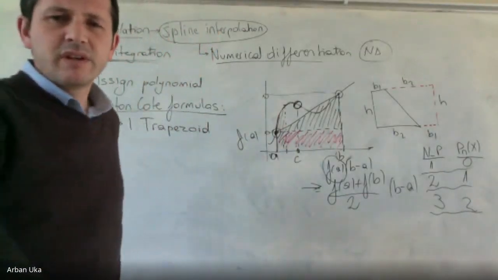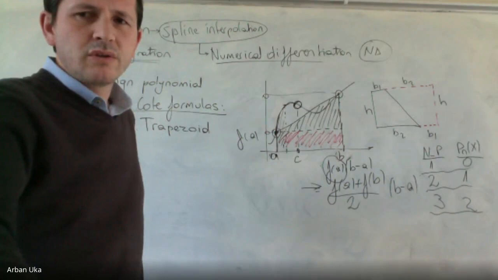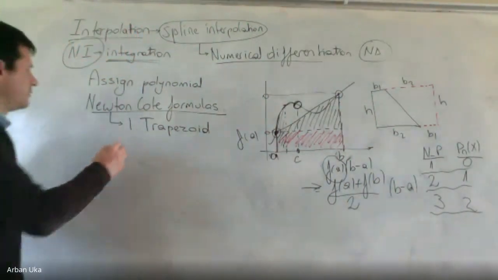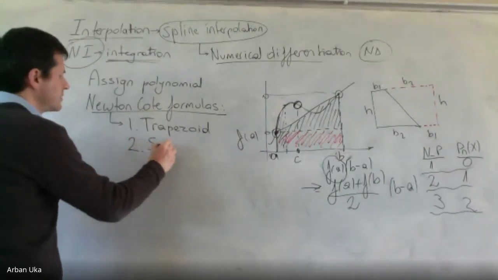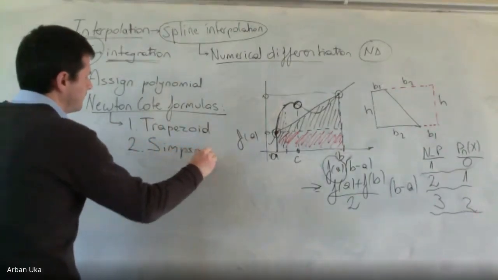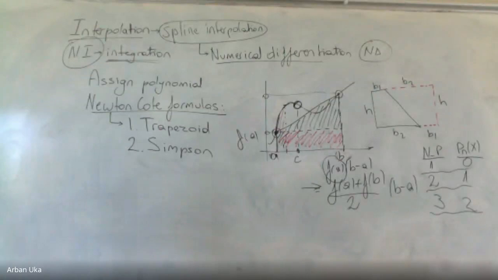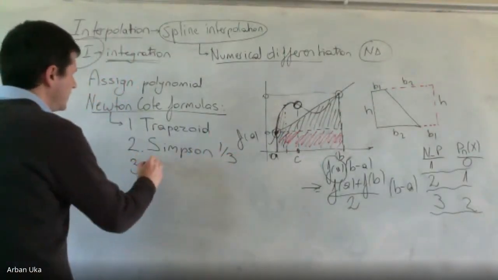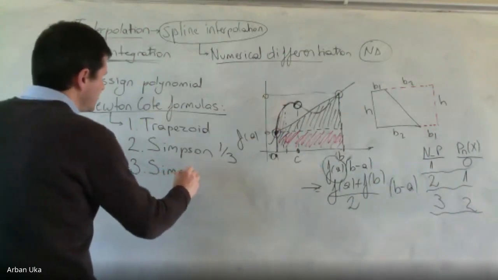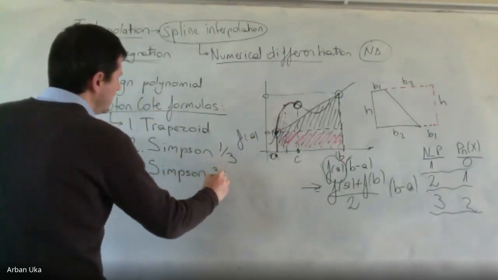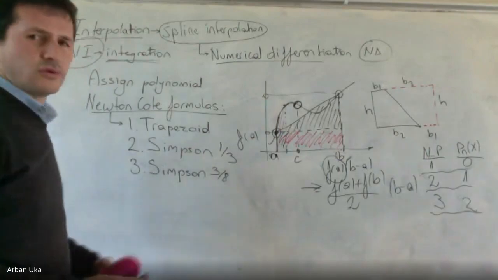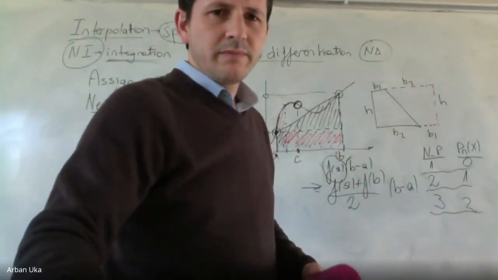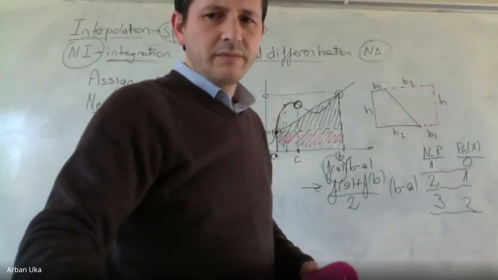The next technique will be the Simpson method. The second one is the Simpson 1/3 rule, and then we will have Simpson 3/8. This has something to do with the coefficients that we have to use.